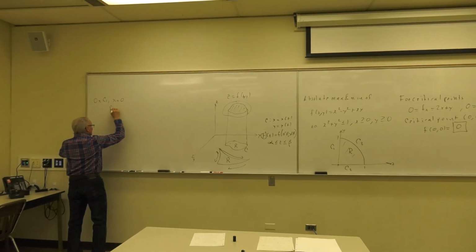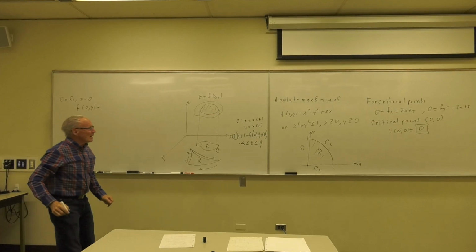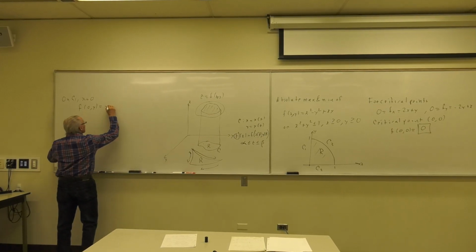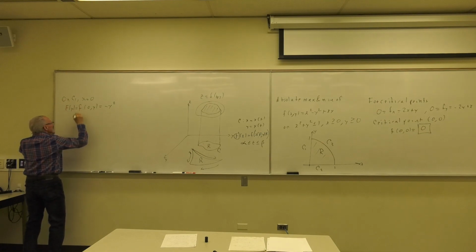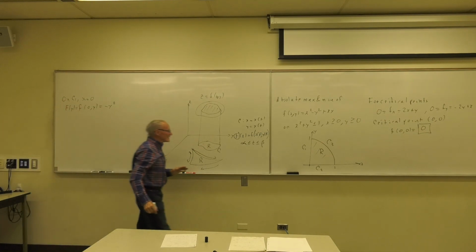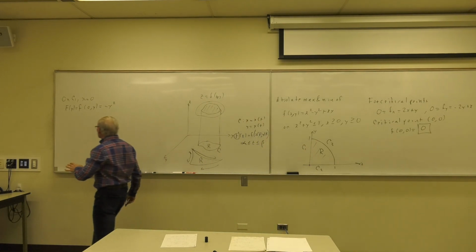And f at 0 and y, you put in x equal to 0, and you get minus y squared. So along this edge of the region, that's the value of the function.